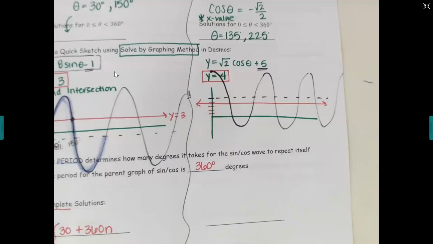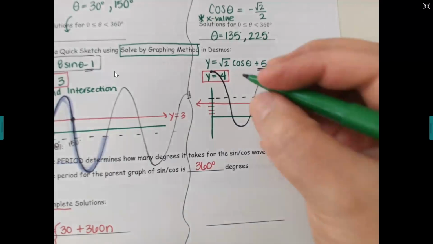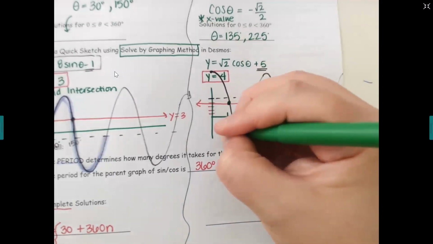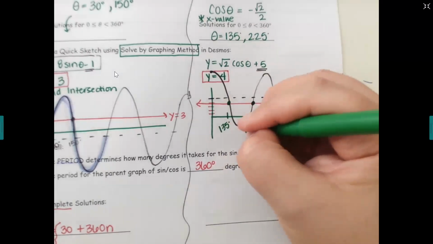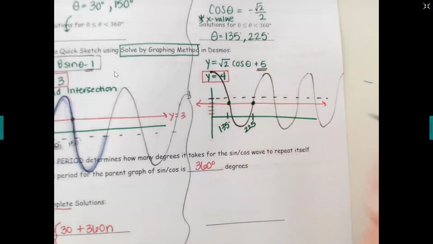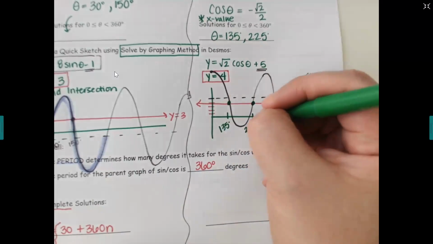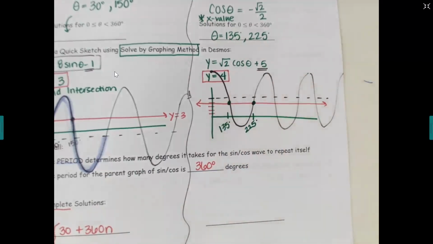We found the first 2 intersections. The first one occurred at 135 degrees, and the second one occurred at 225 degrees. But we're observing the exact same pattern, that these are not the only 2 answers, because every time I complete another cycle, I'm gonna get 2 more answers and then 2 more answers. So to fix that, we're gonna add the period n.